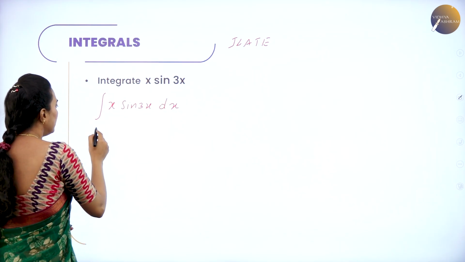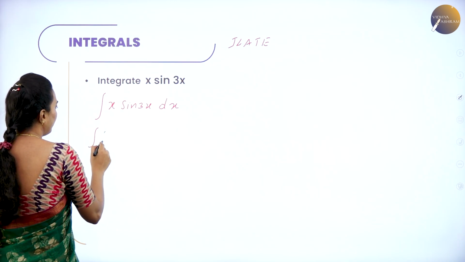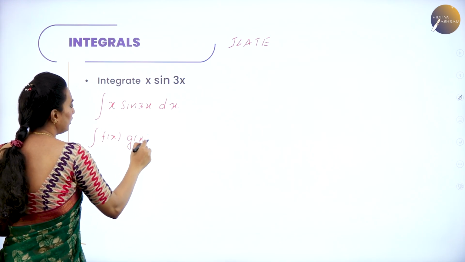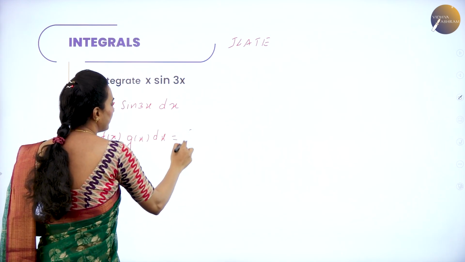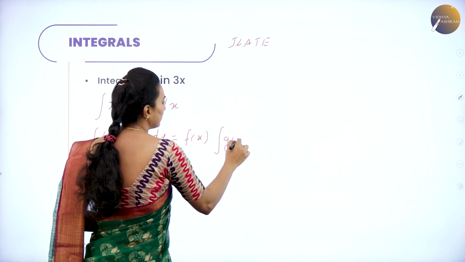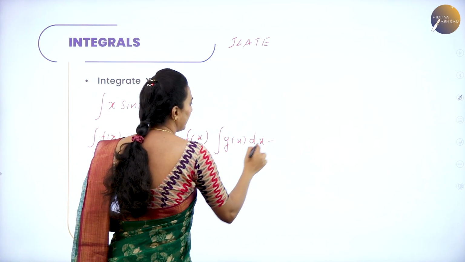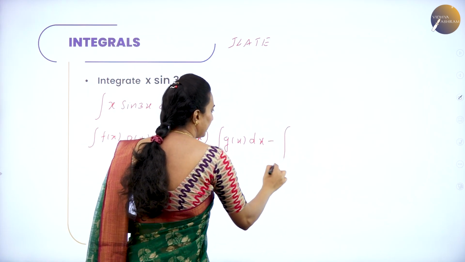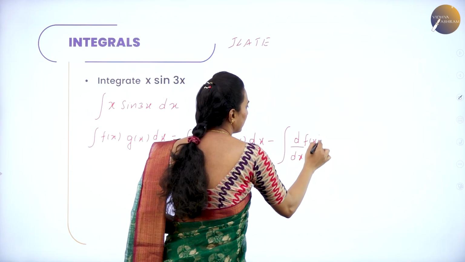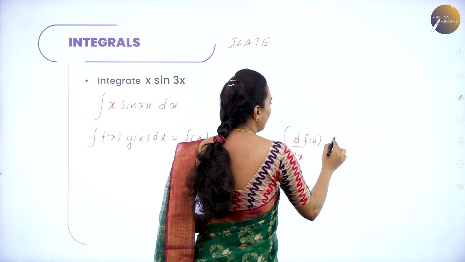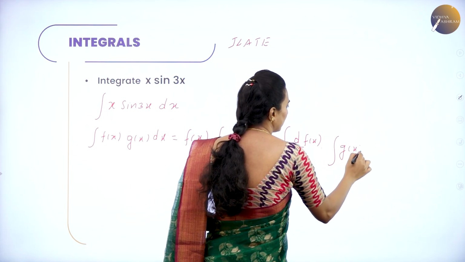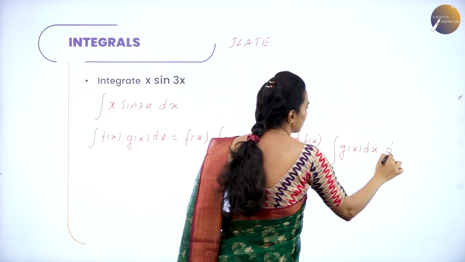Now you can have the formula: integral of f of x into g of x into dx is equal to first function into integral of second function minus integral of d by dx of first function into integral of second function into dx.